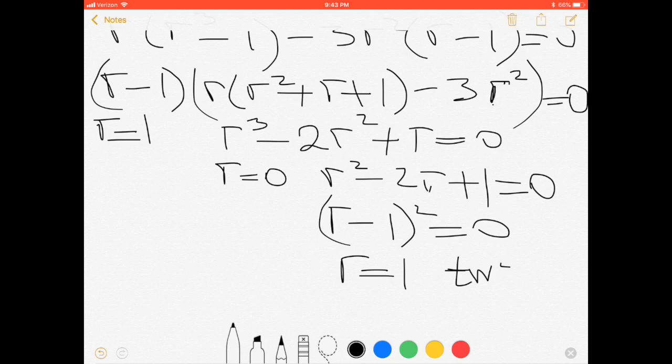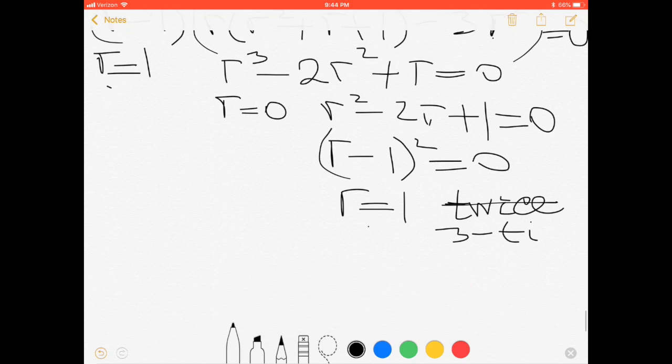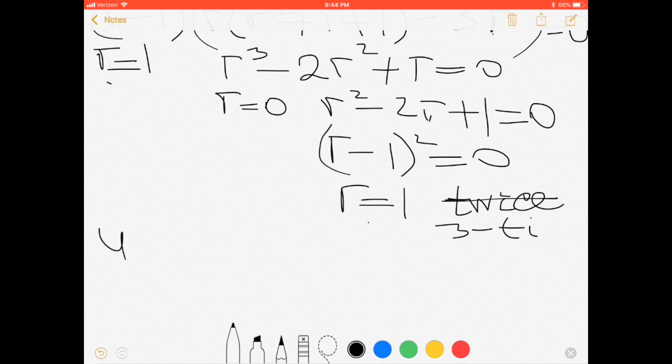This means I have r equals 1 twice here and plus 1 more time, so 3 times altogether. My general solution will be C1, this comes from r equals 0, and now I have r equals 1 three times.